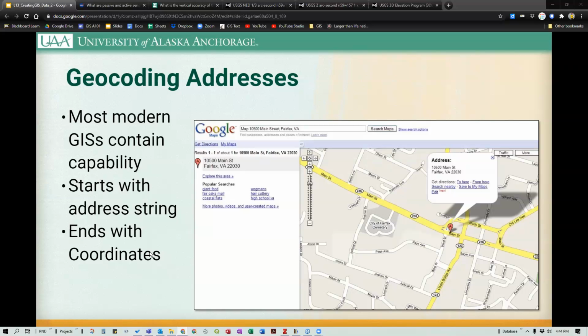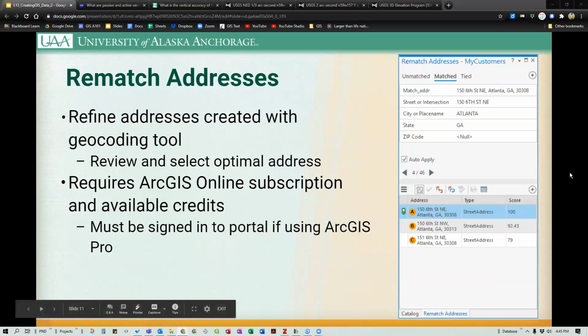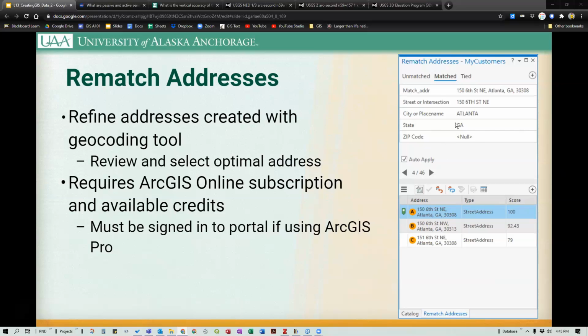But there are some advantages in doing it in a little bit more sophisticated system. So in ArcGIS, once you geocode your table of addresses, you can use another tool that they have, which is rematch addresses. And that lets you go through and identify ones that might have slightly confusing addresses, like this example that they show didn't have a zip code assigned.